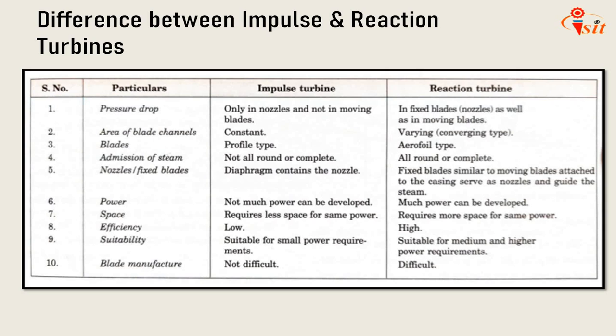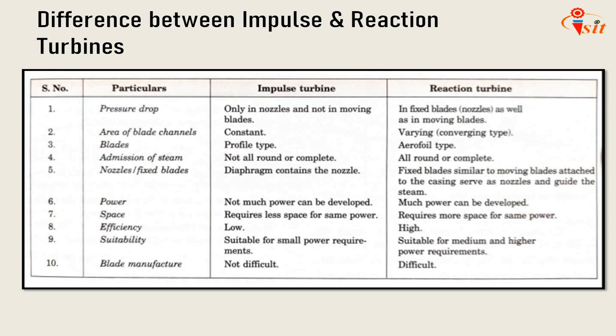As we consider the efficiency, impulse turbine has lower efficiency, and in reaction turbine the efficiency is higher. Suitability: as impulse turbine is not suitable for high power, it is only suitable for small power requirements. Reaction turbines are suitable for medium and higher power requirements.